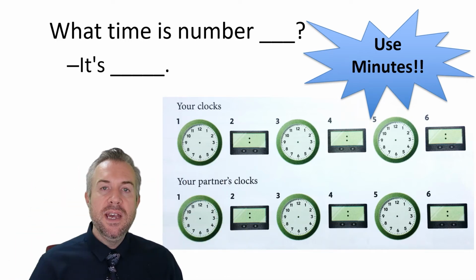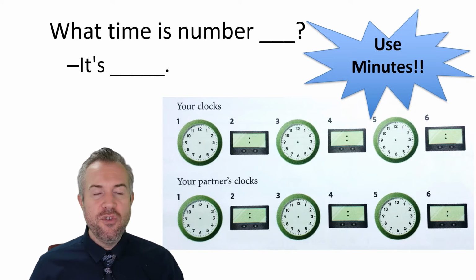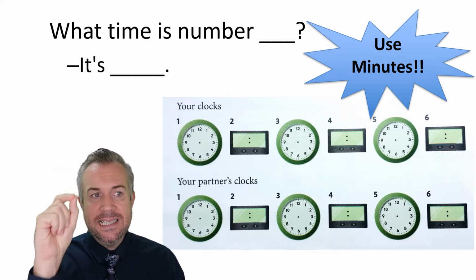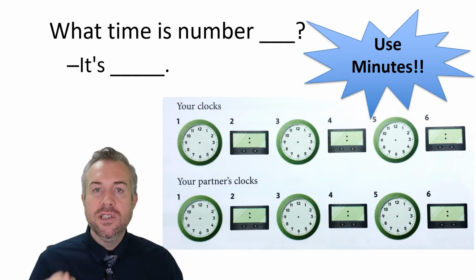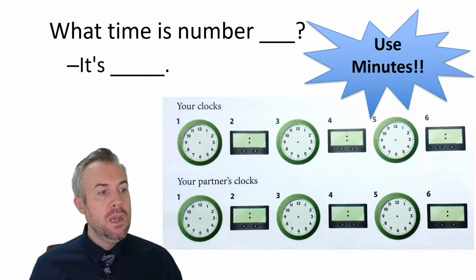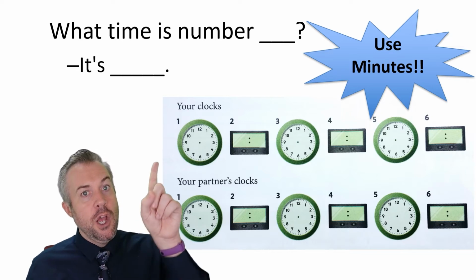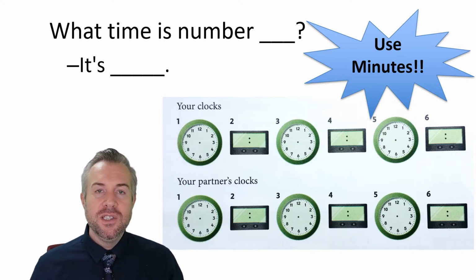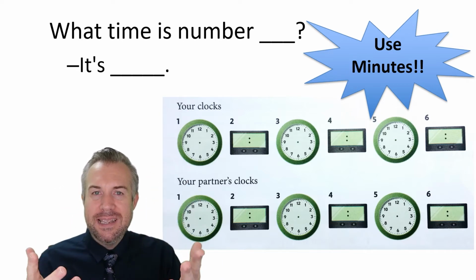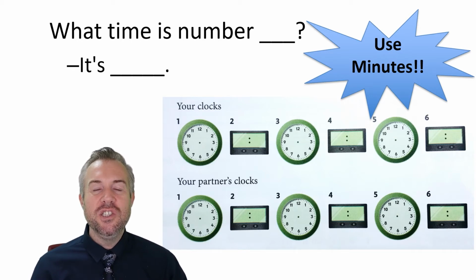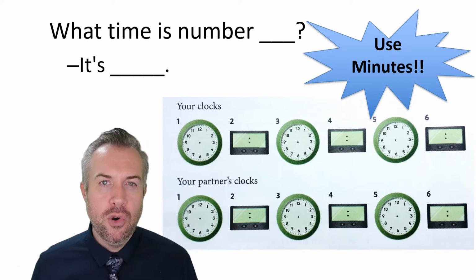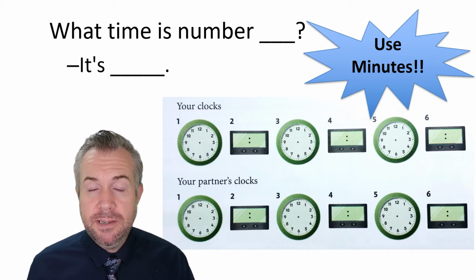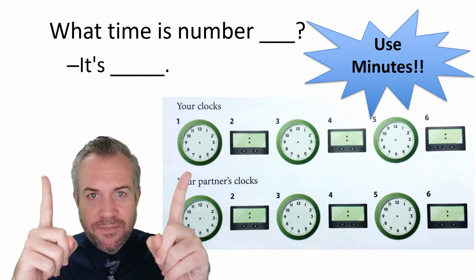There are 3 analog clocks, 1, 3, and 5, so you need hands. And 2, 4, and 6 are digital, so write the numbers. As it says, use minutes. As better practice, it's a good idea not just to write 1 o'clock, 2 o'clock, 3 o'clock, 4 o'clock, 5 o'clock, 6 o'clock, because that's boring and it's no challenge, right? We need challenges to learn.